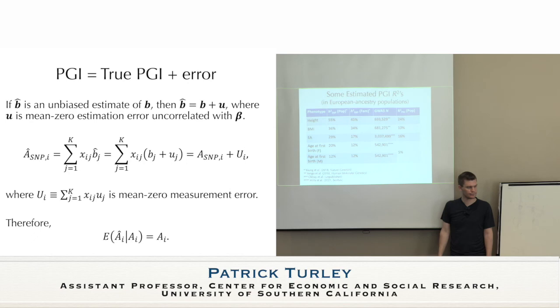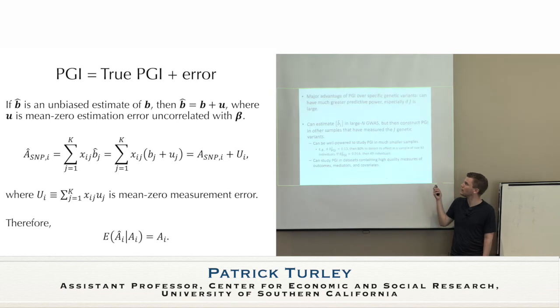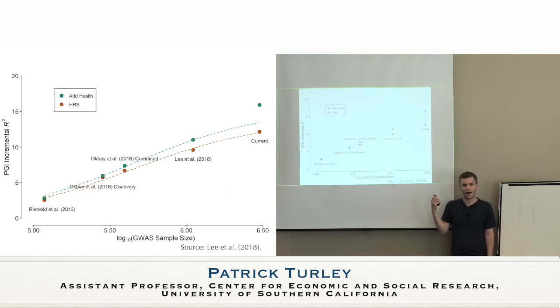Can you also tell us how you adjust for related individuals to get this number? Is it a similar kind of form? So in general, I think of related individuals as causing problems because of the standard errors.